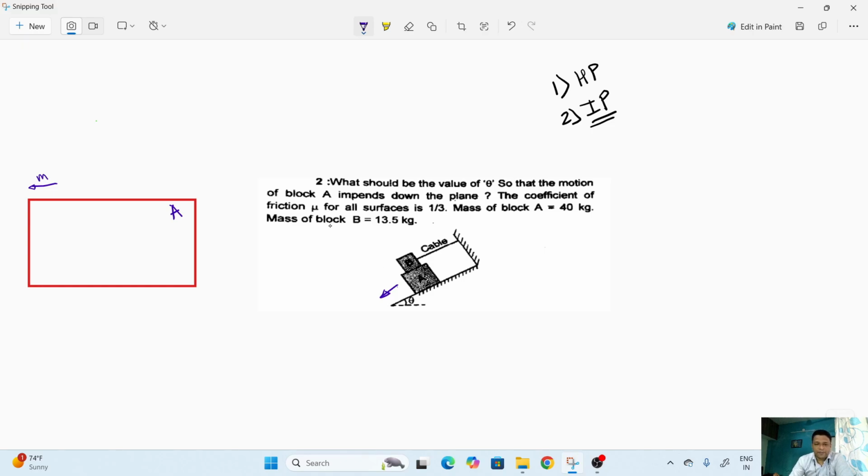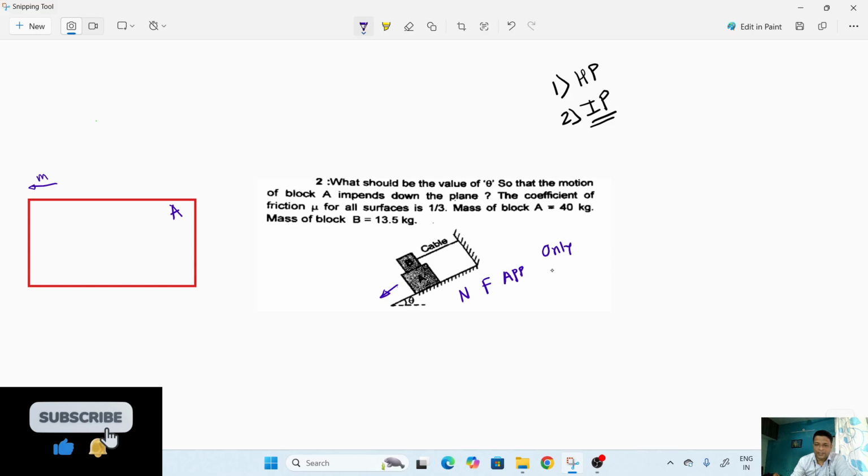Whenever we draw the FBD on the inclined plane, draw the normal, friction force, and then the applied forces, if any, as horizontal and vertical forces. The only inclined force when we make it horizontal is the weight force, right? So only the weight force becomes the inclined force here.